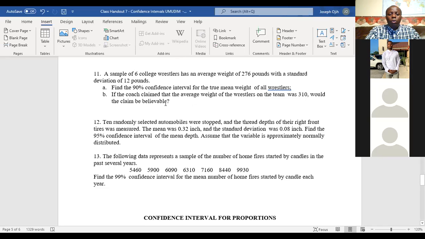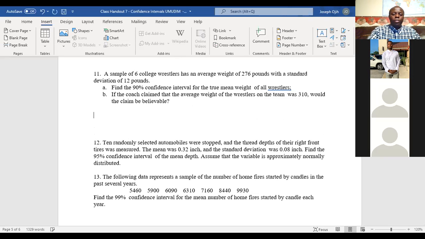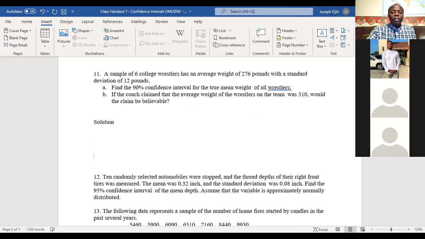Now, if the coach claimed that the average weight of wrestlers on the team is 310, would the claim be believable? Okay, so let us find the confidence interval by following this procedure. Solution. A sample of 6 college wrestlers, so n is 6.